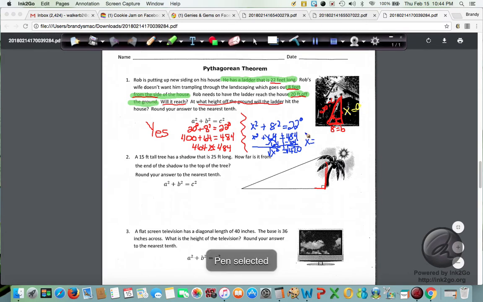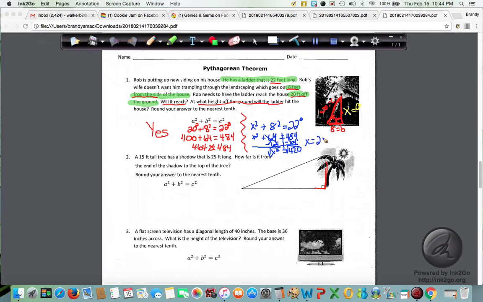And hopefully you guys understand that 20.5 feet is in fact, not by much, but it is in fact higher than the 20 feet he needs. So we were right. It will reach, and the height off the ground is going to be 20.5 feet.